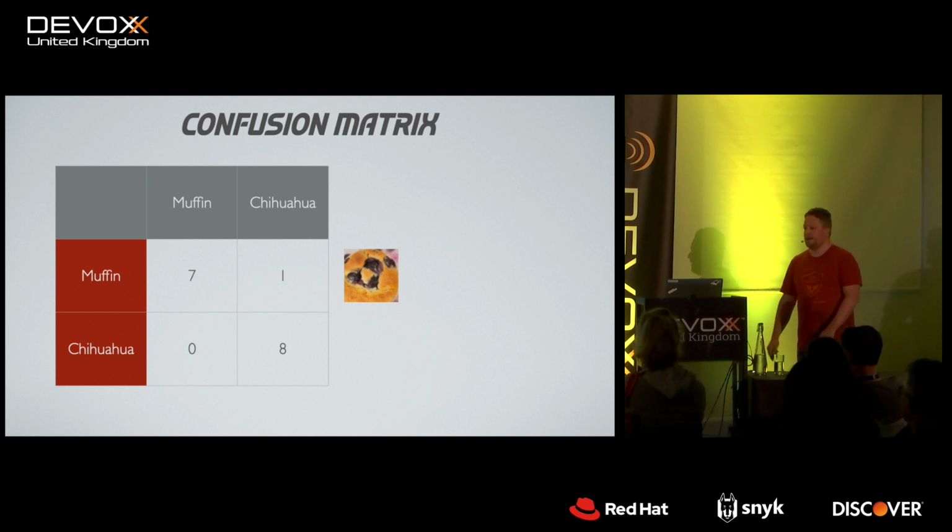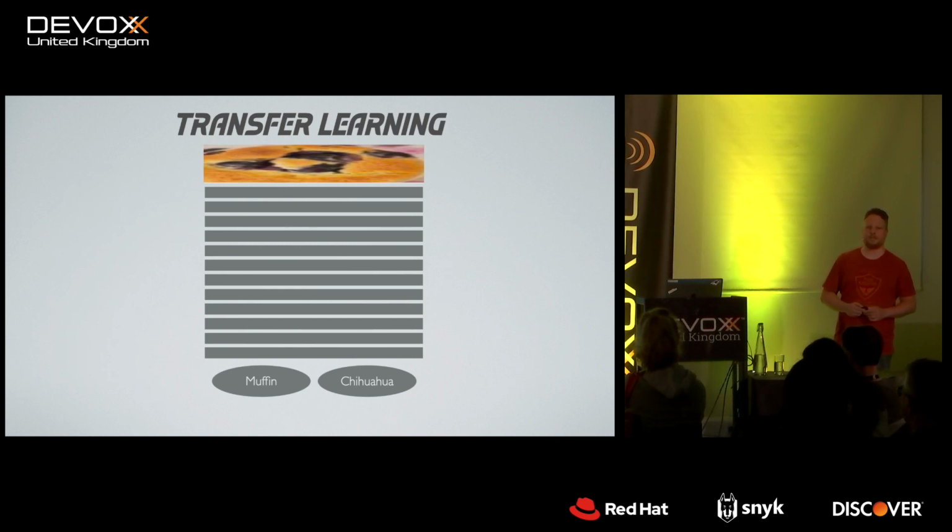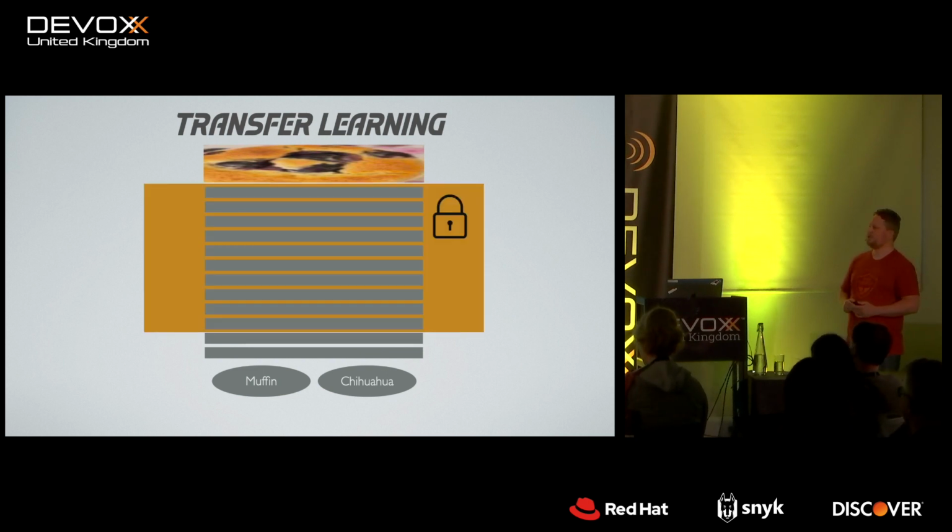So, with this out of the way, we can do something else. We can do transfer learning. In the model, the top layer is the input layer, and then it goes through a number of layers. What transfer learning does is lock the first layers, because you are using a model that's already trained.